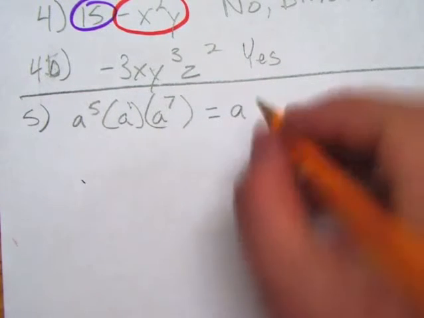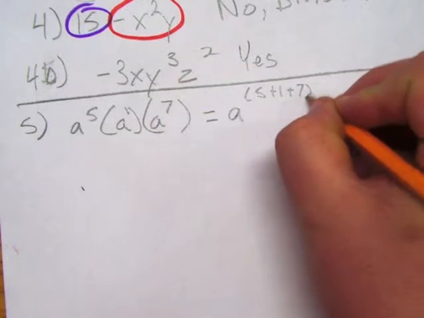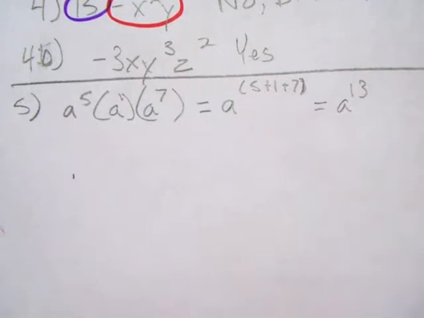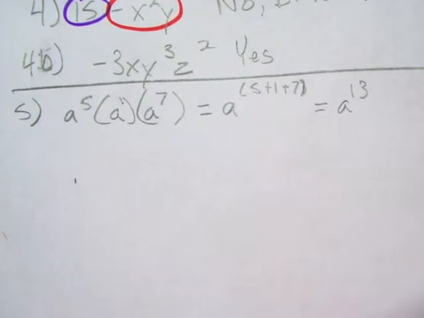You're just going to add up the exponents, so it'd be 5 plus 1 plus 7. 13. Okay? I did that on purpose, we don't multiply the powers because we're not raising a power to a power, right? We're just multiplying a to the 5th power times a to the 1st power times a to the 7th.